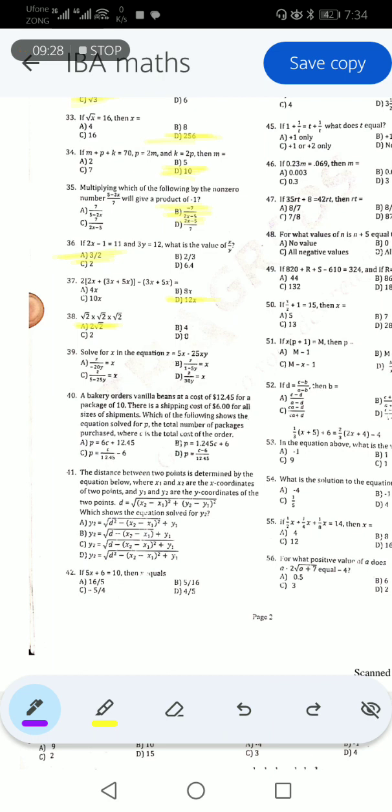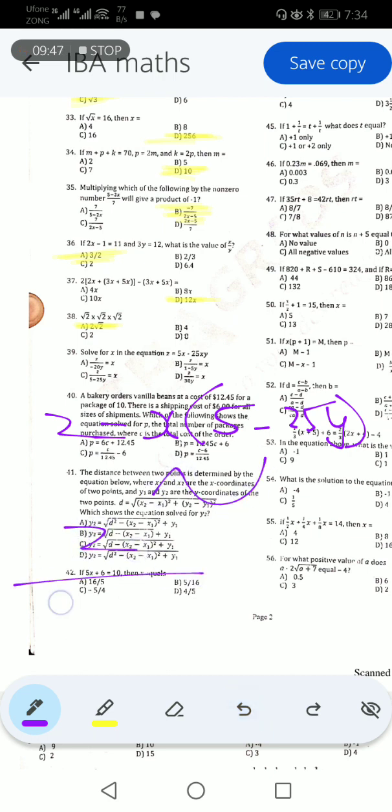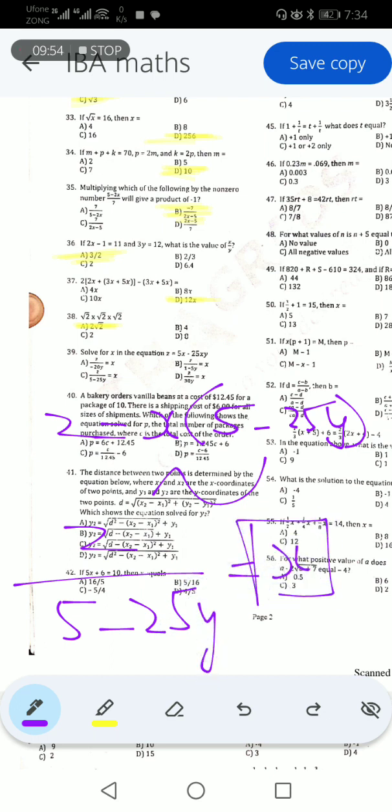That probably means we have to take x common. So take x common, multiplied by, after taking x common, our answer will be 5 minus 25y. Here 5 minus 25y is being multiplied. After going there it will divide. So z will be equal to 5 minus 25y times x. X is given by 5 minus 25y upon z. So our correct option will be C.